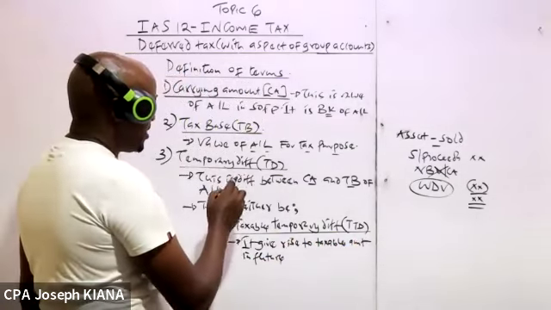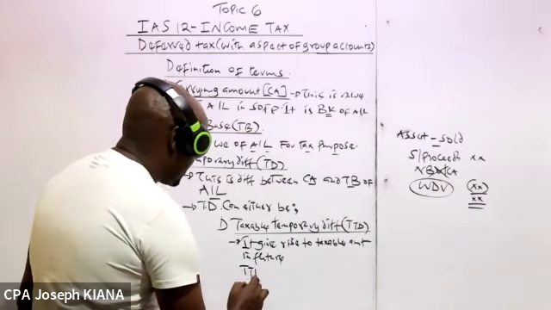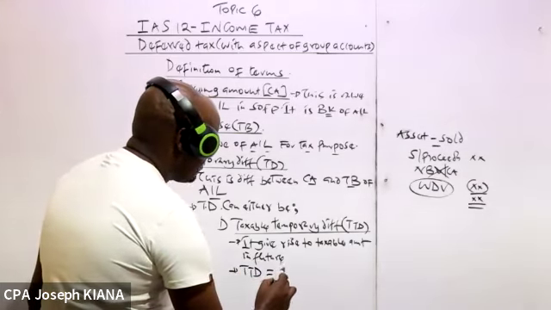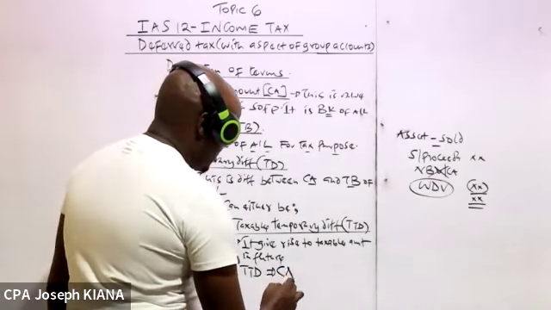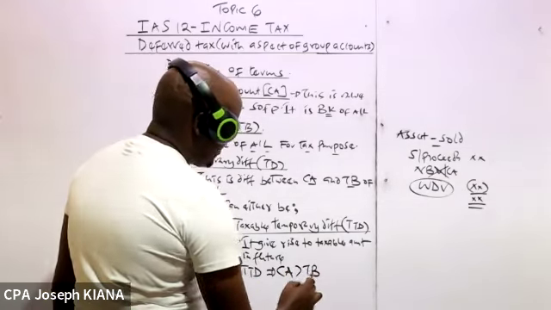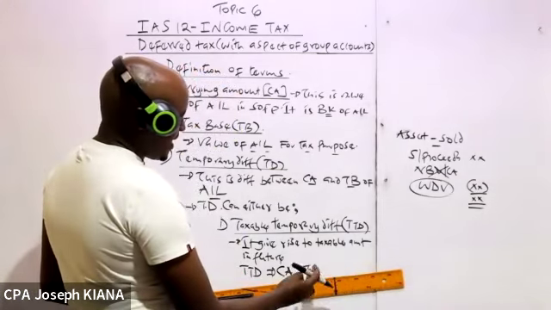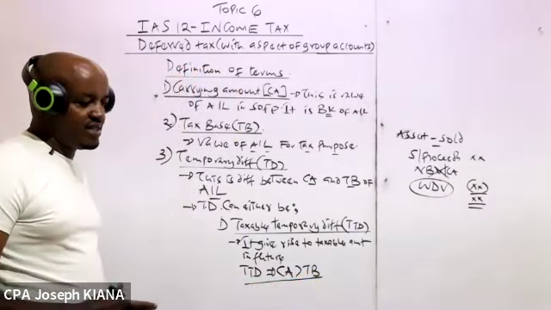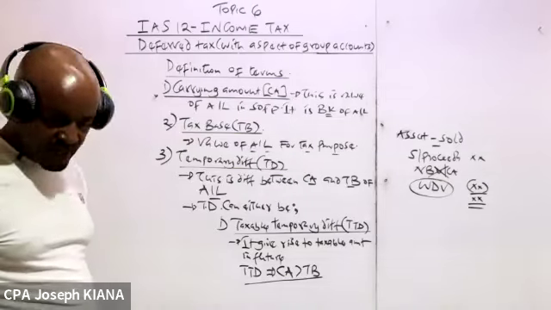In this case, a temporary difference is said to be taxable whereby the carrying amount of the asset or liability exceeds the tax base. So once the carrying amount is more than the tax base, that is a taxable temporary difference.